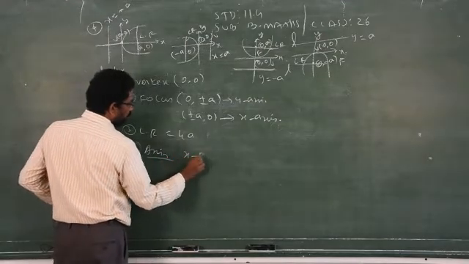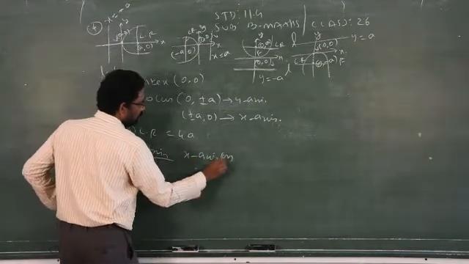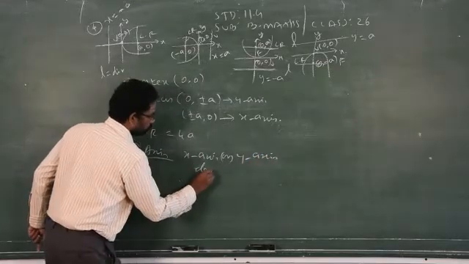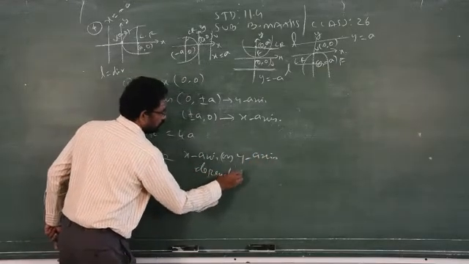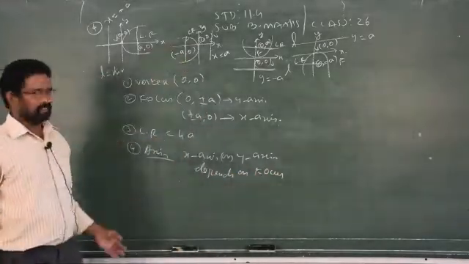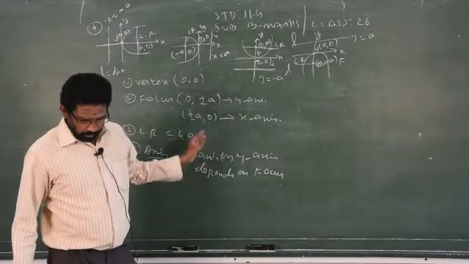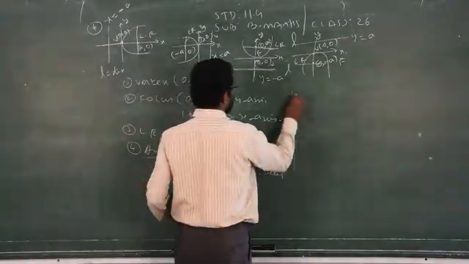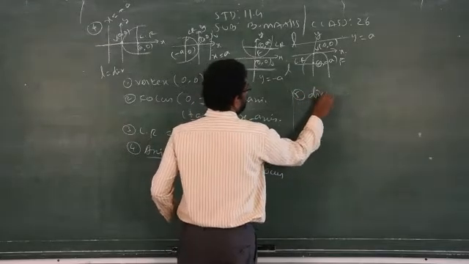Axis depends upon the x-axis or y-axis, depends on the focus. I said very clearly how to find the axis. So vertex, focus, and the fifth one, the equation of the directrix.